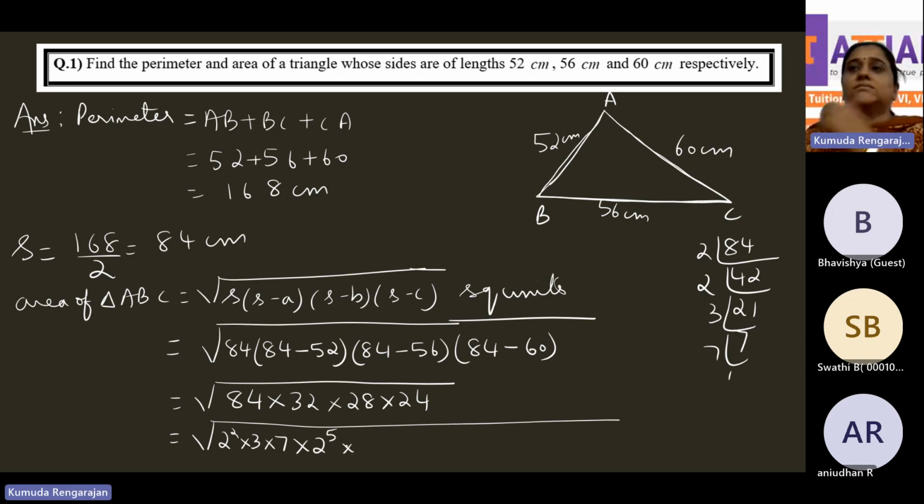Then 28. You got 1344? Renu? No, that's wrong. Please check your answer.